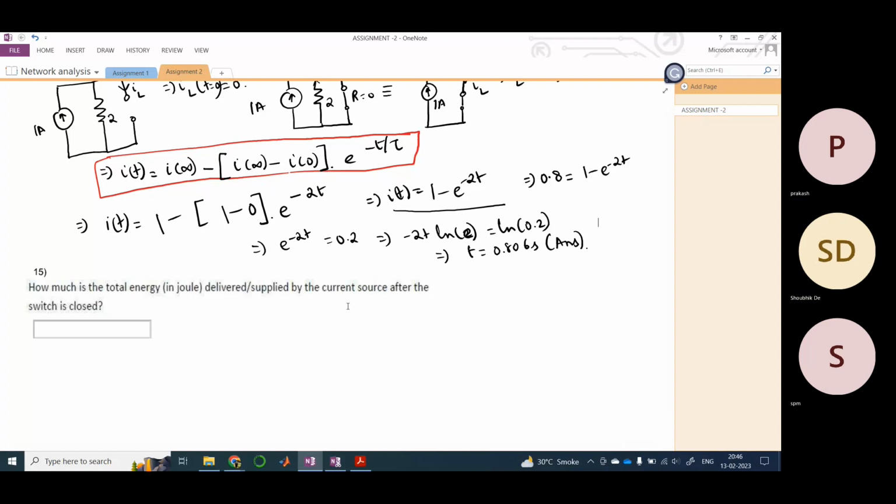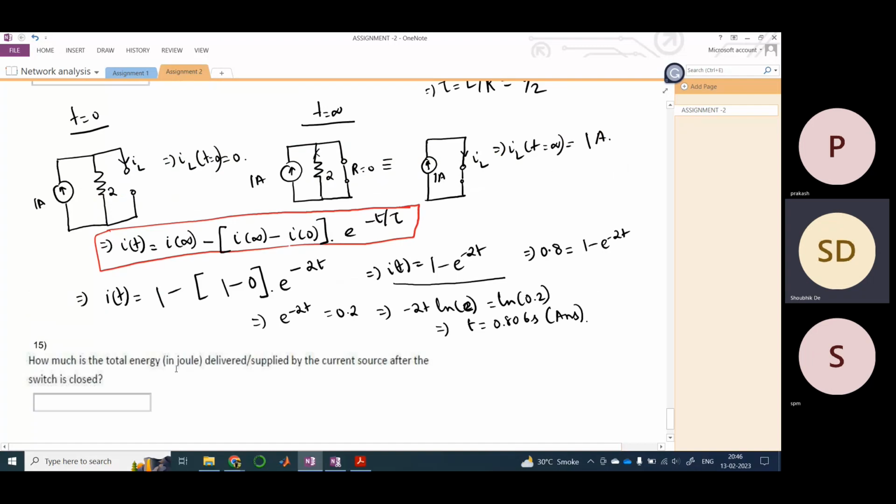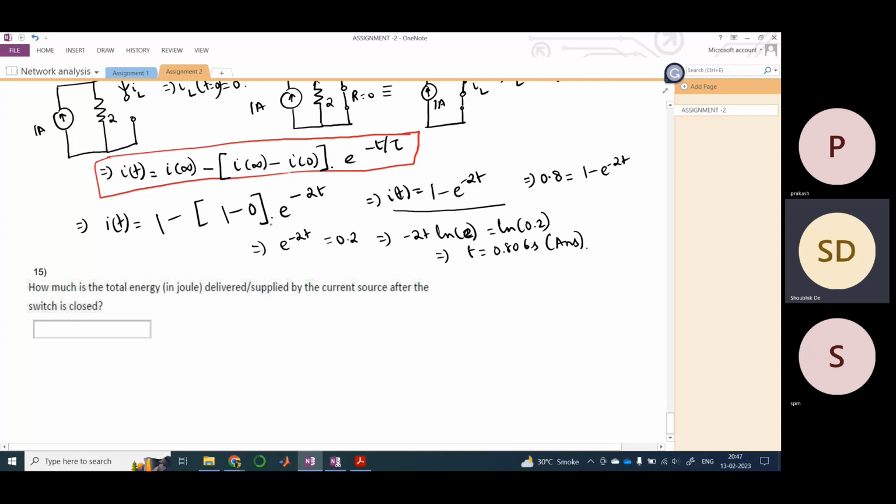So for that, let us calculate what is the power delivered by the current source. So power delivered would be nothing but 1 ampere, because this is the current, into the voltage across the 1 ampere source, right?